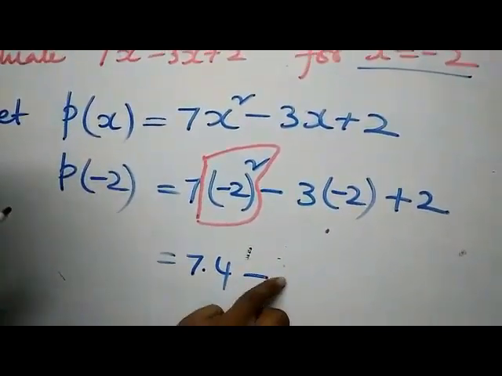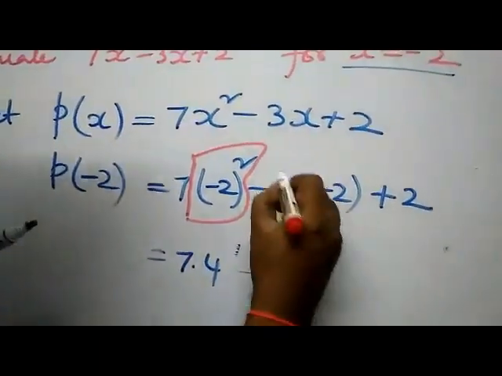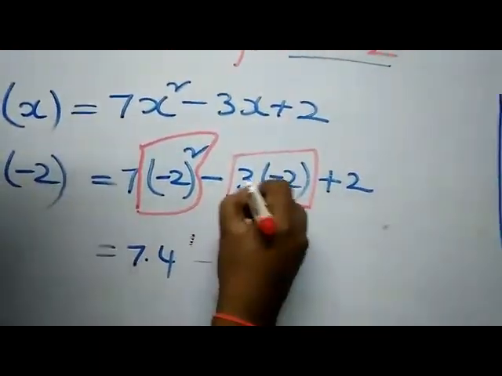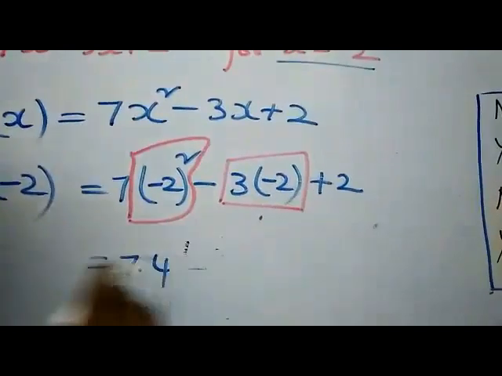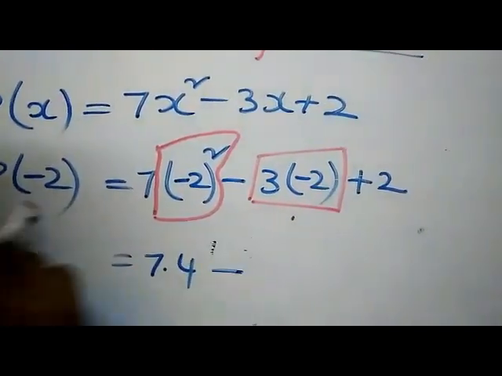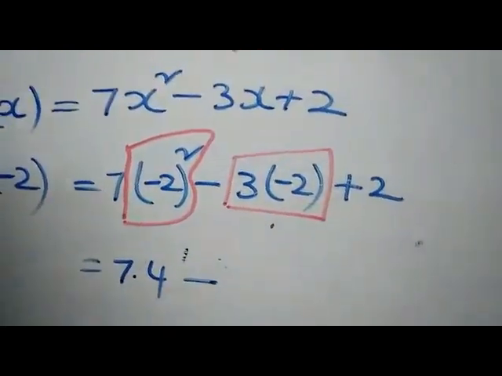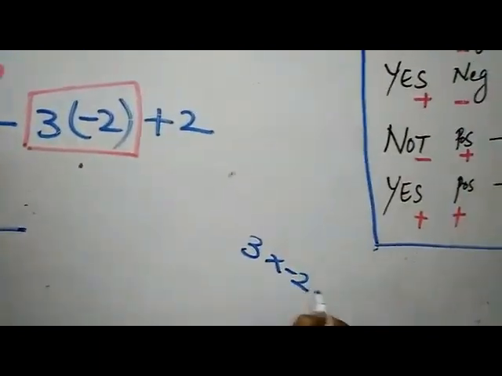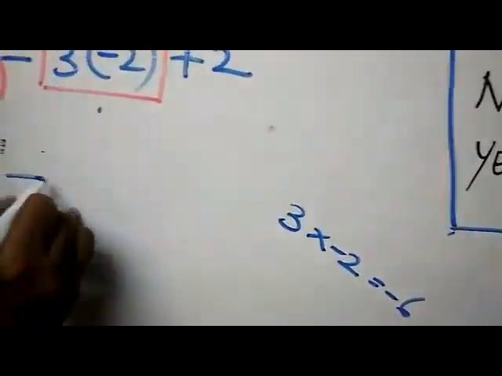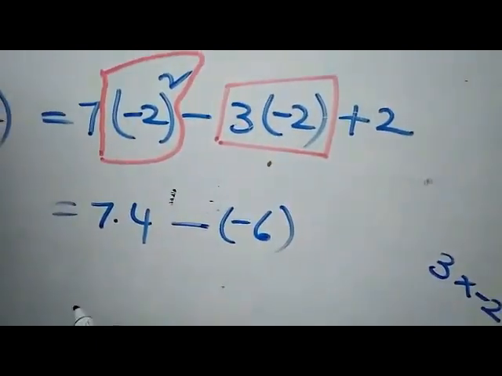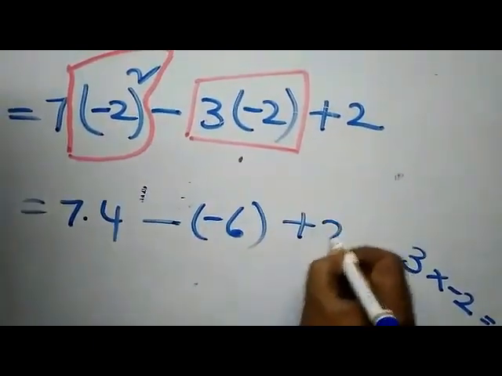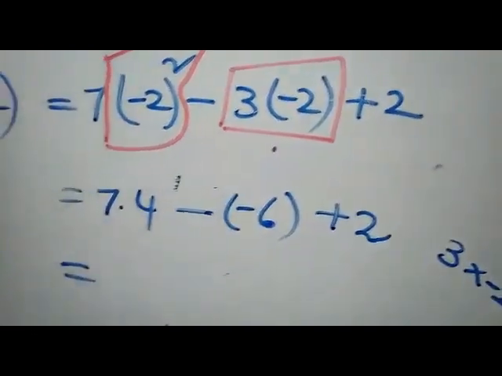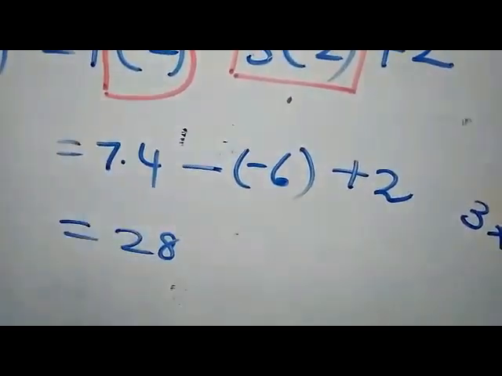Then first simplify this one: 3 into minus 2 is nothing but minus 6. You write minus 6 in brackets. Plus 2 is equal to 7 fours are 28.